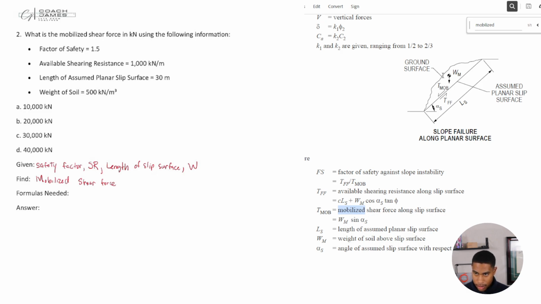So T-mob is equal to W sine of alpha S. So what is alpha S? It's the angle of assumed slip surface with respect to the horizontal. So do we have that? No.